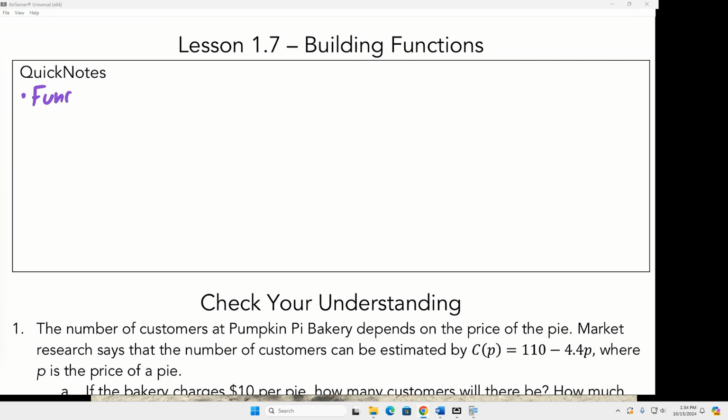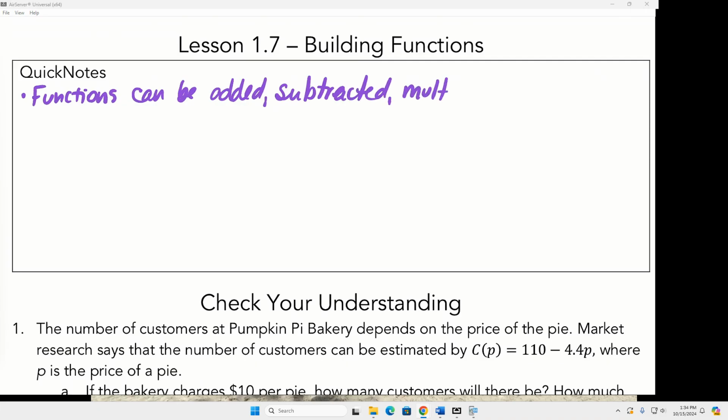So functions can be added, subtracted, multiplied, or divided to create new functions.